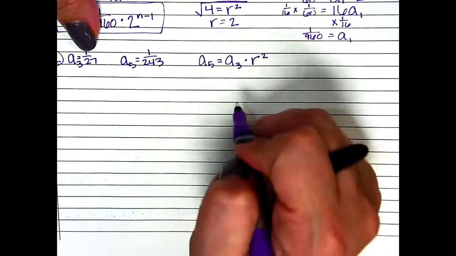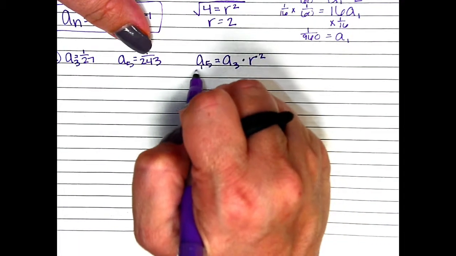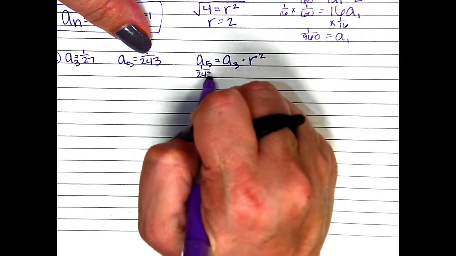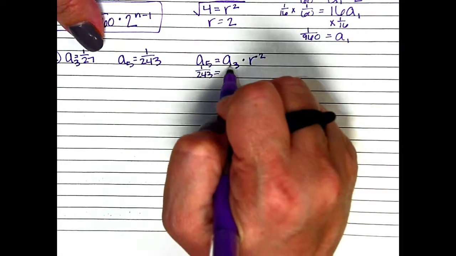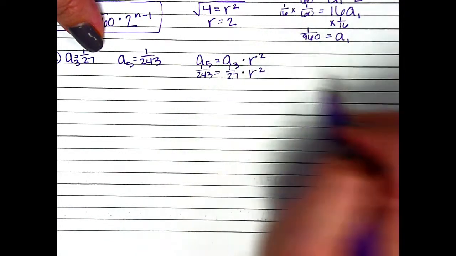So a sub 5 is 1/243rd equals a sub 3 is 1/27th times r squared.